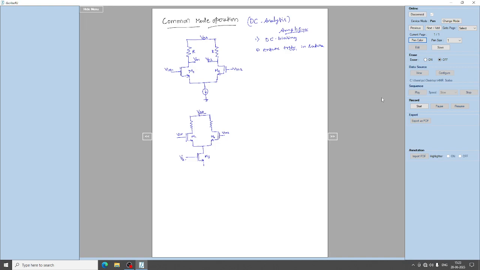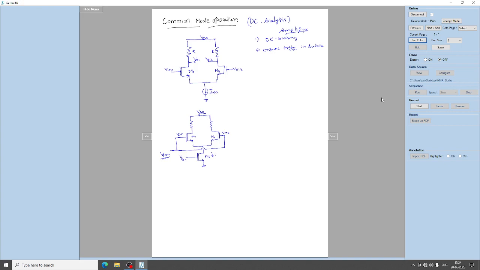Now for the common mode operation, we short both the inputs, that is Vin1 and Vin2. Both the inputs are shorted and we name it VICM, that means input common mode. So this is the common mode operation, and this is the tail current, ISS.